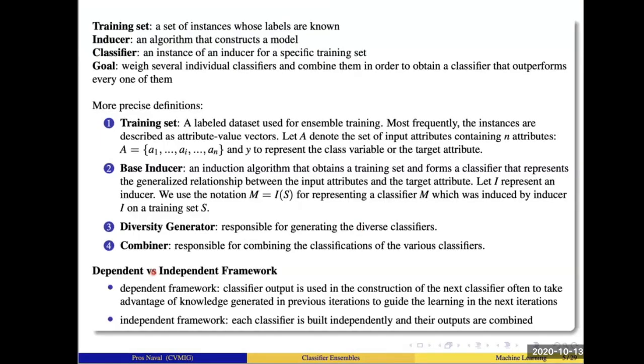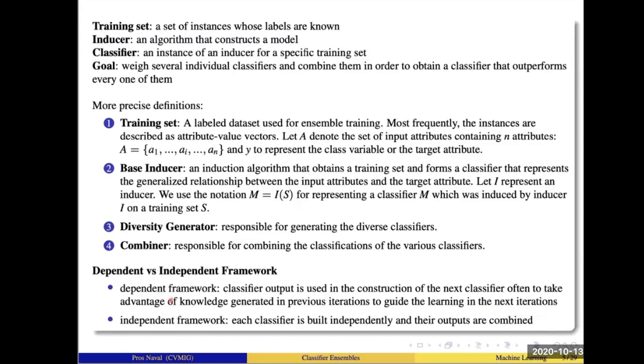Now we will distinguish between two frameworks for building ensembles: the dependent and the independent frameworks. In the dependent framework, the classifier output is used in the construction of the next classifier, often to take advantage of the knowledge generated in the previous iterations to guide the learning in the next iterations.